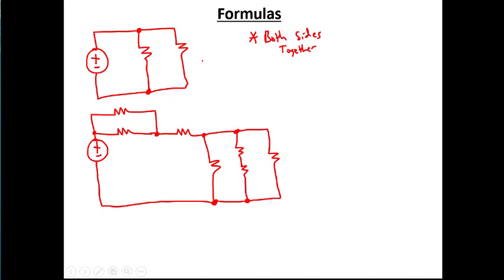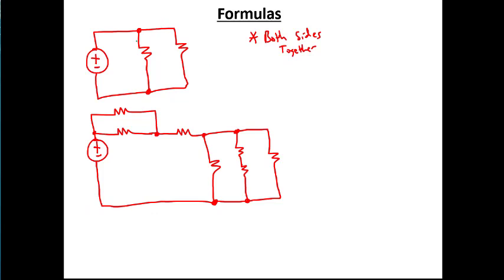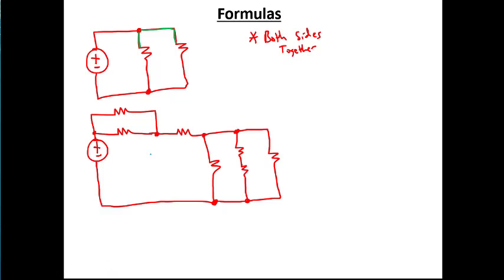But if we look here at these two circuit examples, and we look at the different resistors, this resistor is touching this node on this side, and this resistor is touching this node on this side. And then on the other side, this resistor is touching here, and this resistor is touching here. So they're both touching the same.